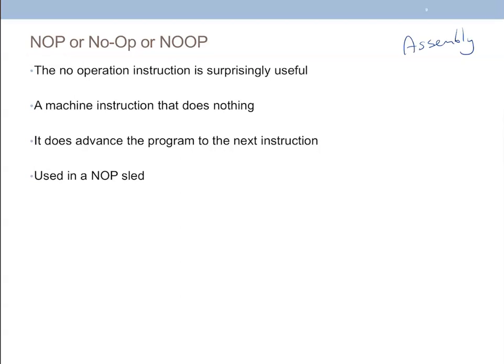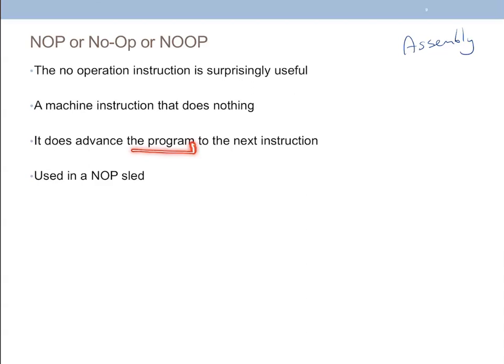So a no-op is a machine instruction that does nothing. Surprisingly, it's useful, because although it does nothing itself, the program counter, or instruction pointer, will move on to the next instruction. As your program is running, your instruction pointer is executing whatever it's pointing to.